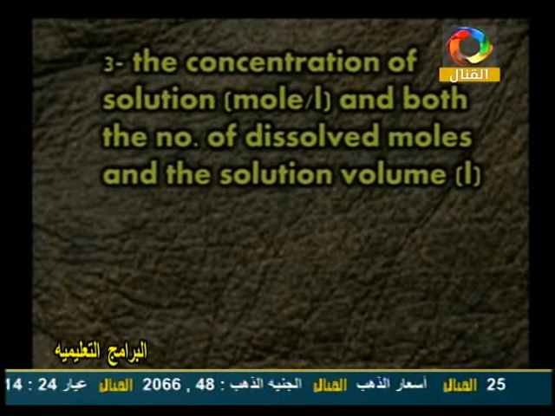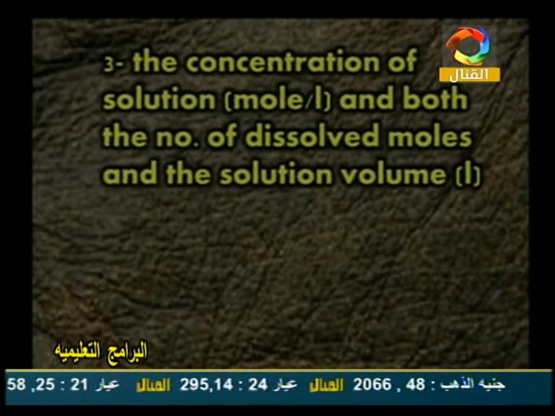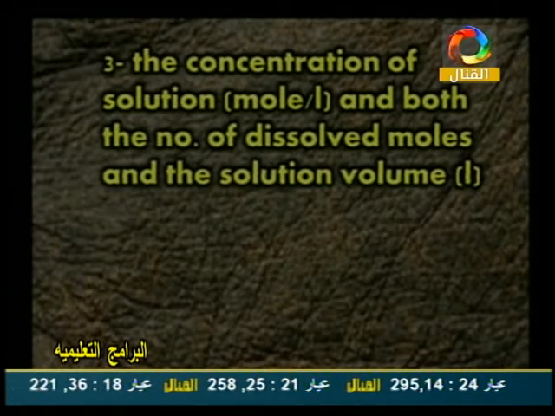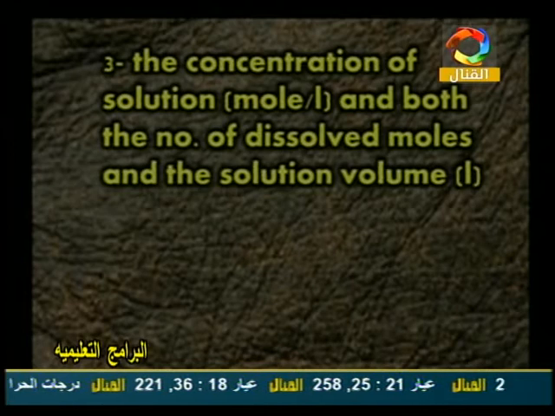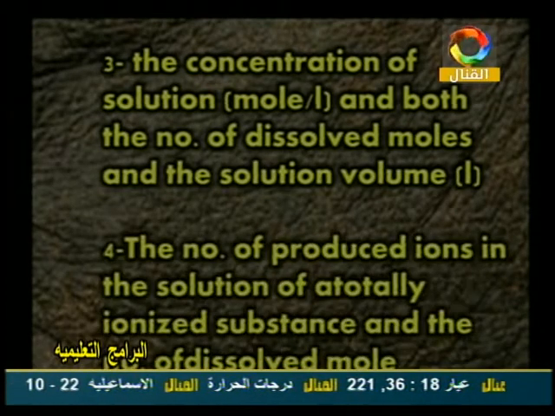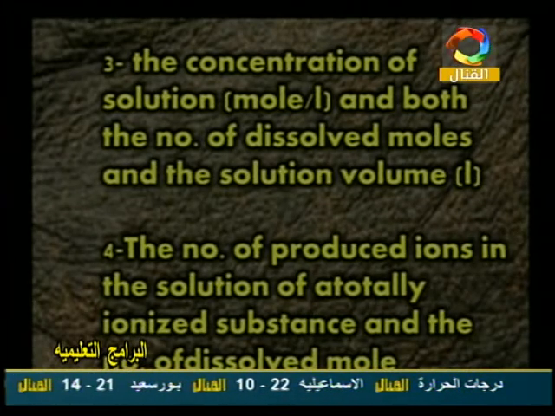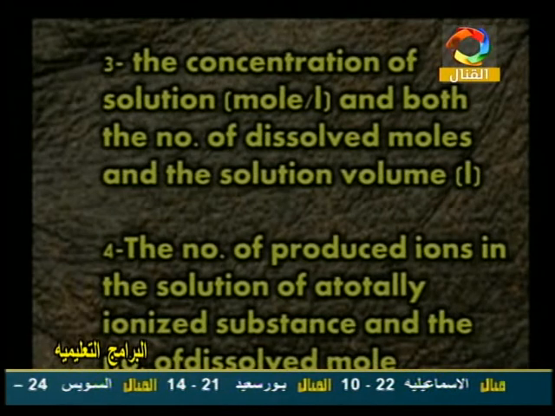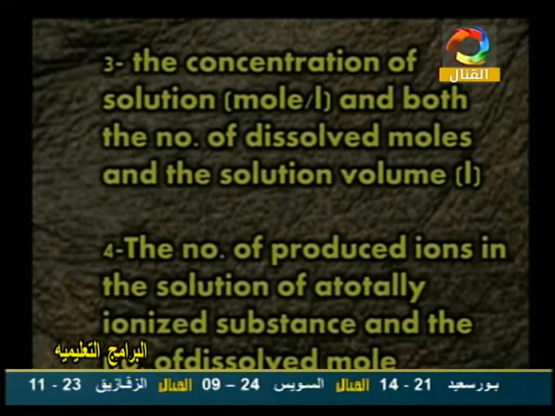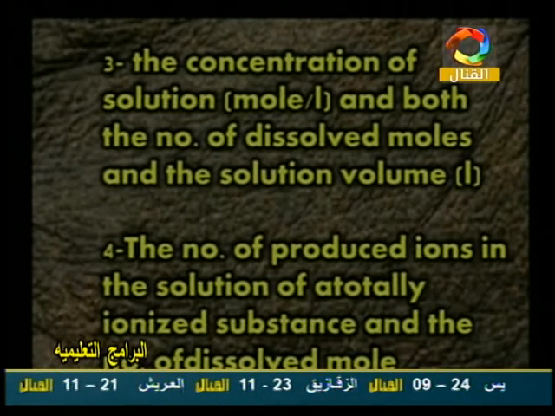For number 3, the concentration of the solution in mole per liter, and both the number of dissolved moles and the solution volume in liters. Now, what is the fourth one? The number of produced ions in the solution of any ionized substance and the number of dissolved moles. Catch one after one to find the answer.